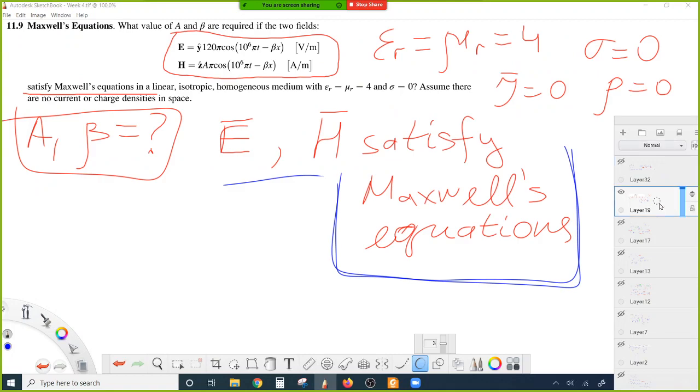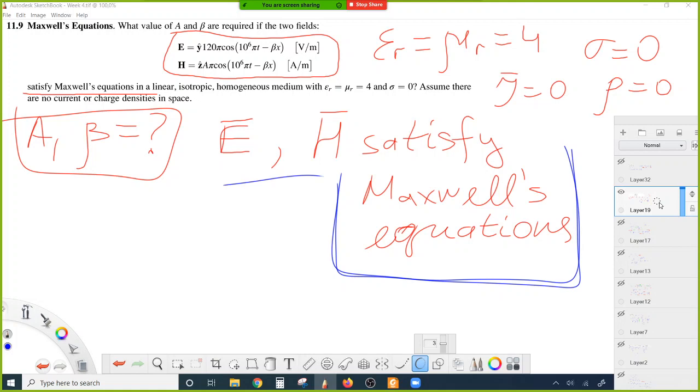First you need to read the problem carefully. I think no one understood the problem. We are given two fields. First is electric field, the intensity of which is given, and the next is magnetic field, the intensity of which is also given.